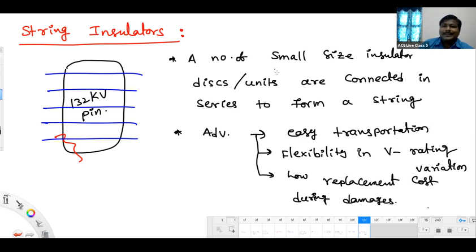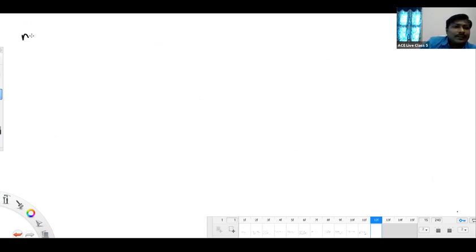Okay, now let's talk about the disc insulator, which we see outside many times. Normal disc insulator, cross-sectional view. See this, this is the upper surface of the disc.